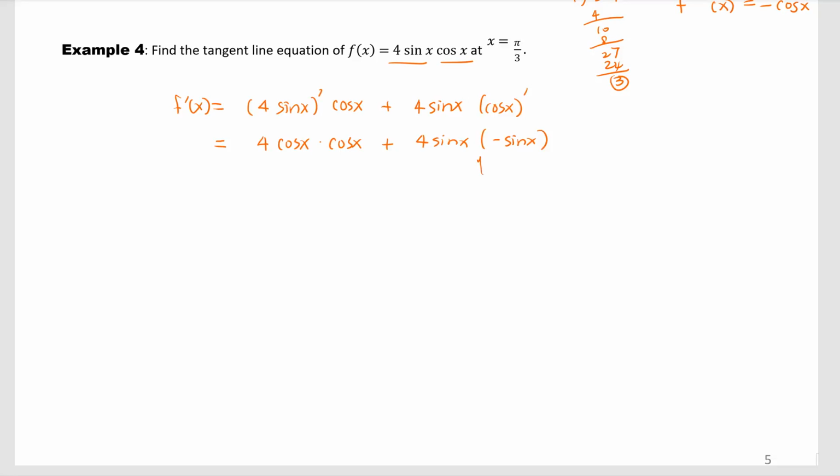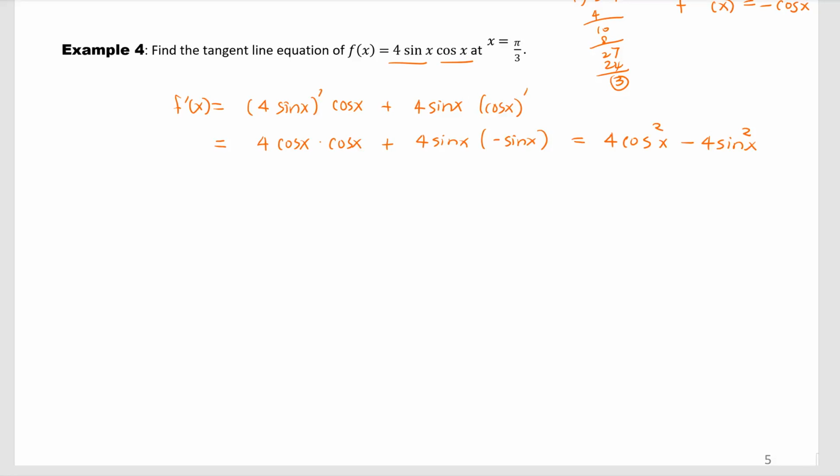So everybody don't forget your parentheses. The parentheses are very important. If you forget the parentheses, then it looks like 4 sine minus sine is 3 sine, but actually here we are multiplying them. So we get 4 cosine squared minus 4 sine squared. Well, that is our derivative.